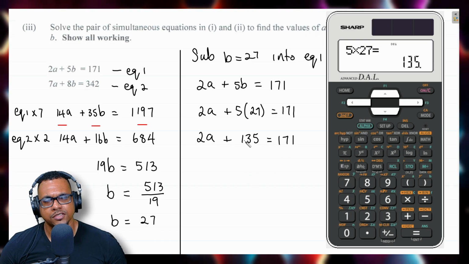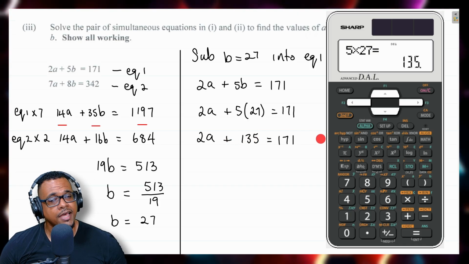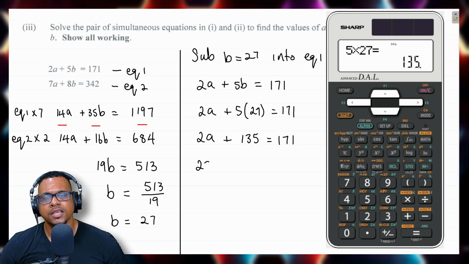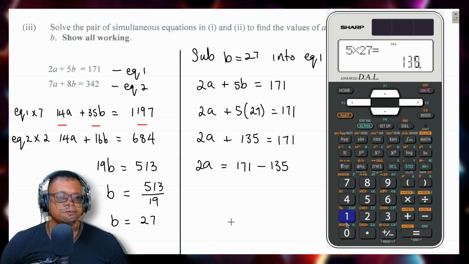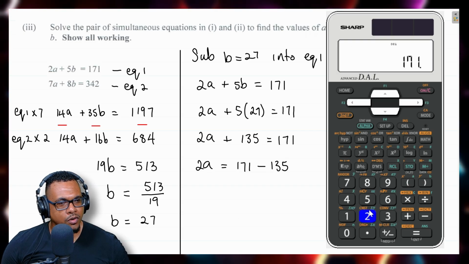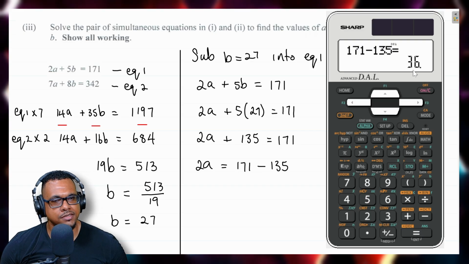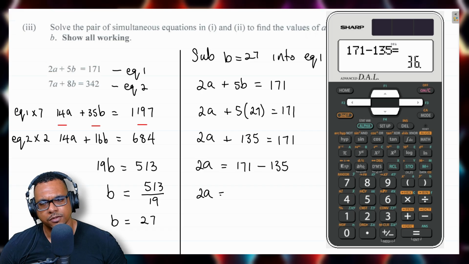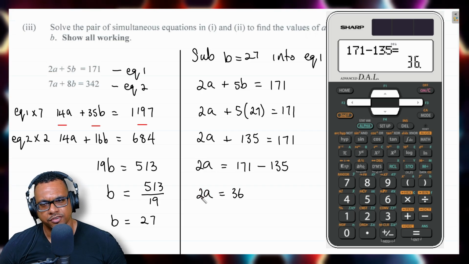So now we just transfer this positive 135 across the equal sign, and it turns to negative 135. So we have 2A is equal to 171 take away 135. So 171 take away 135 is equal to 36. So we're going to have 2A is equal to 36. And again, the 2 is being multiplied by the A, so we transfer the 2 across.